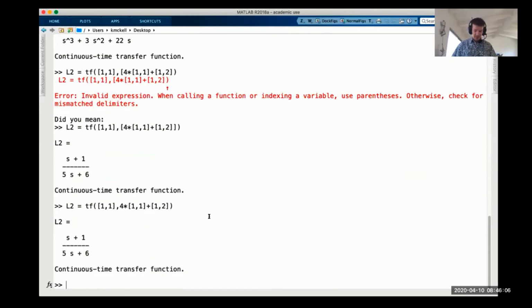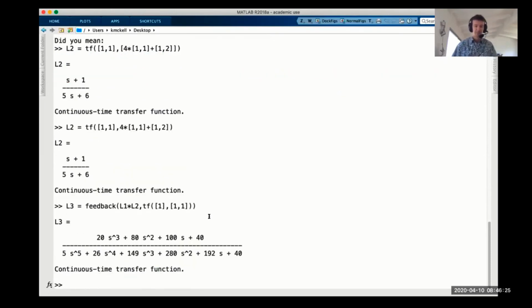All right, and then what do we got? We got loop 3 is the feedback connection of loop 1 times loop 2 in the forward path, and the transfer function 1 over s plus 1 in the feedback path. So sure enough, L3 is a 5th order transfer function.